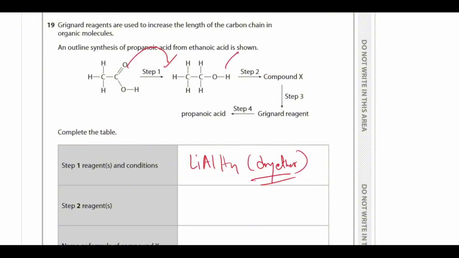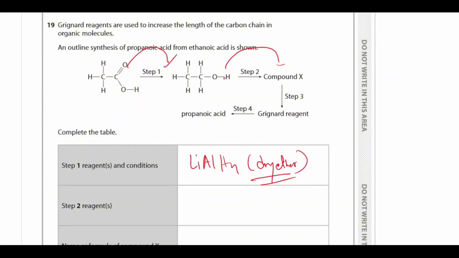For step 2, we can clearly see that after the carboxylic acid has produced the alcohol, in step 2 we produce compound X. How will we understand what compound X is? Of course, in step 3 a Grignard reagent was used.